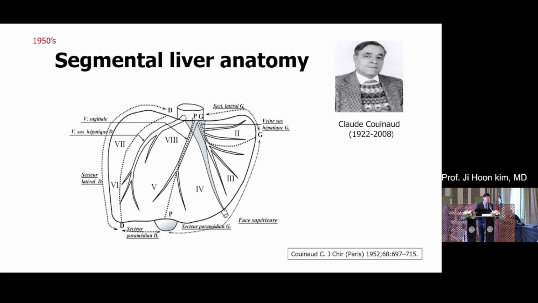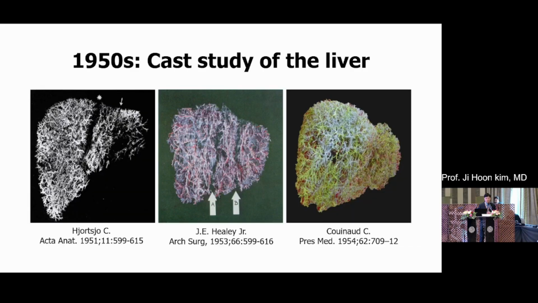In the 1950s, Couinaud first proposed the segmental liver anatomy based on portal vein branch patterns. At that time, in the 1950s, there were two other representative cast studies. The first one, Hjortsjo, in 1951, is this case study.